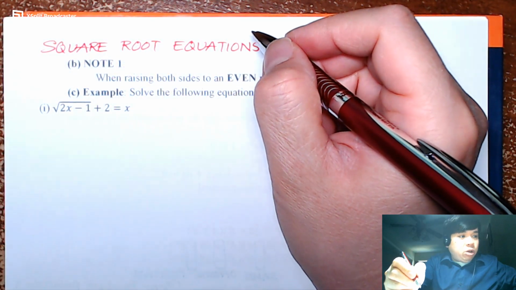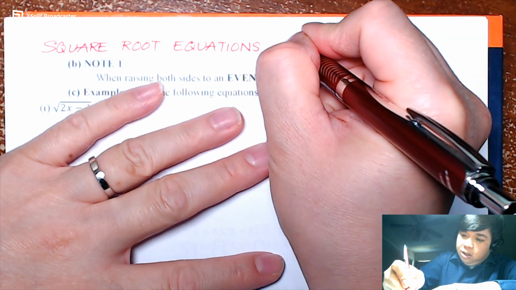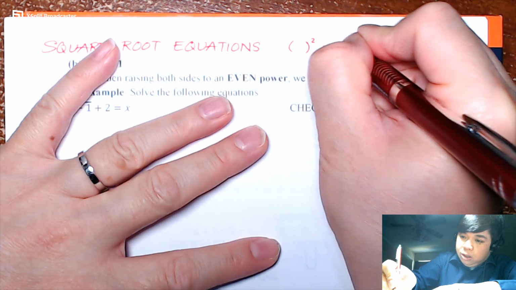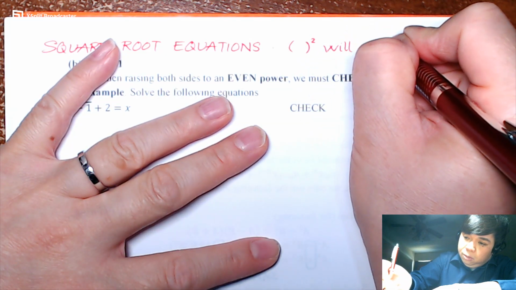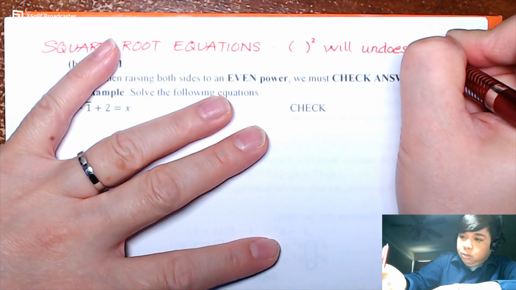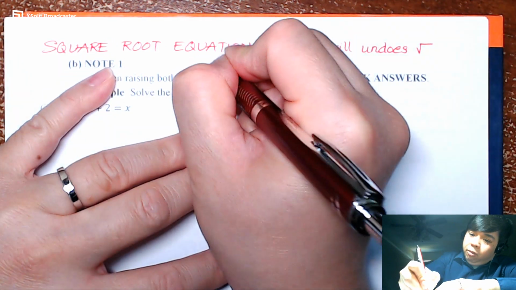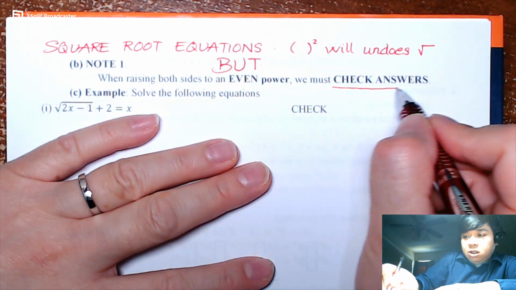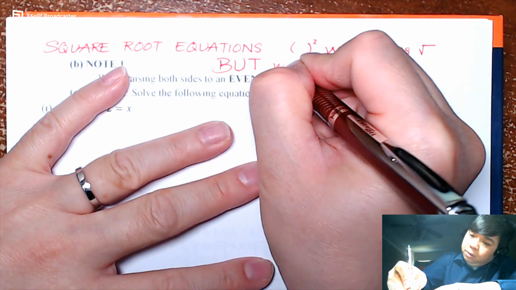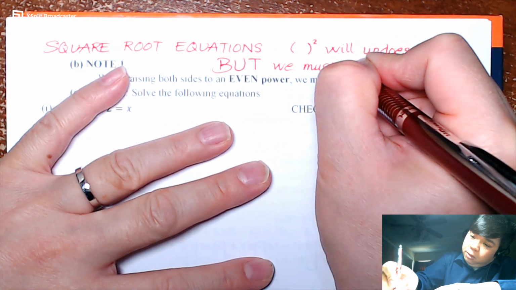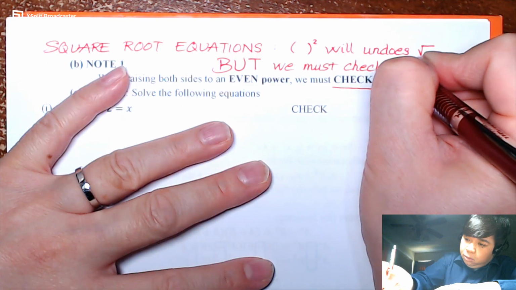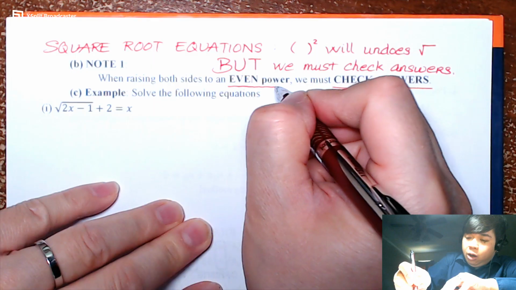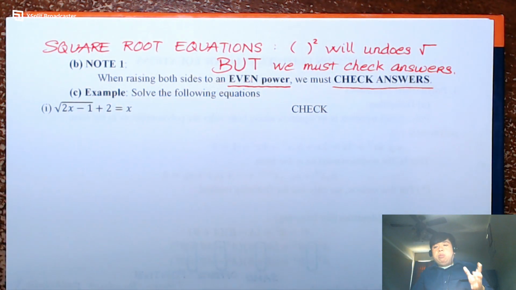A square will undo a square root. But we must check our answers. When we raise both sides to an even power or square both sides, we check our answer.